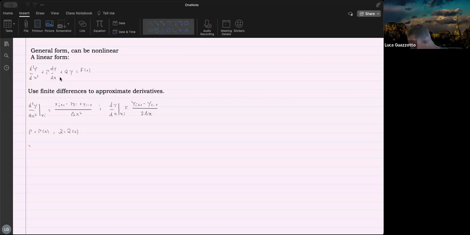In general, I may have a non-zero q term, so I'm also going to have the q's, with the plus sign, plus q sub i.